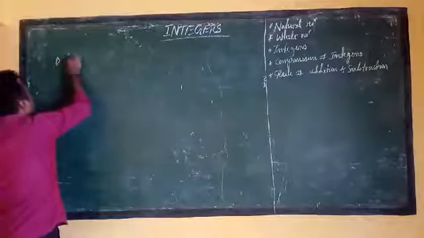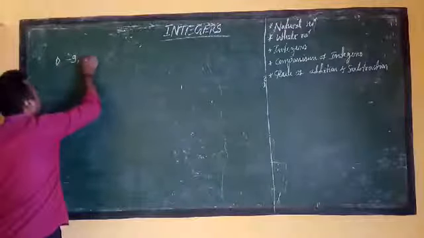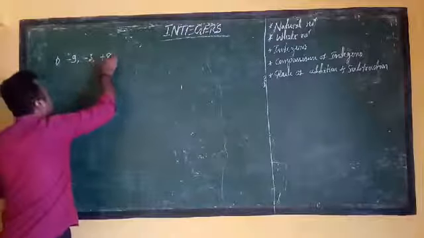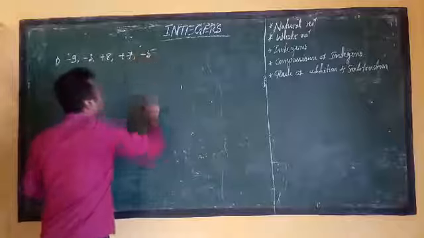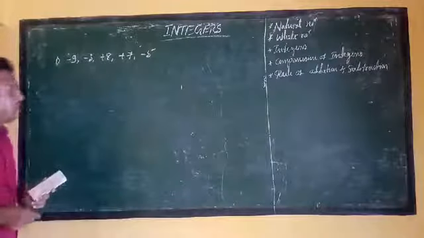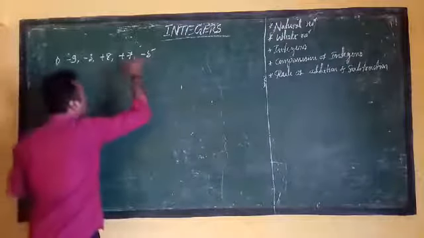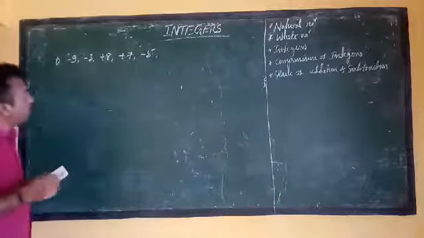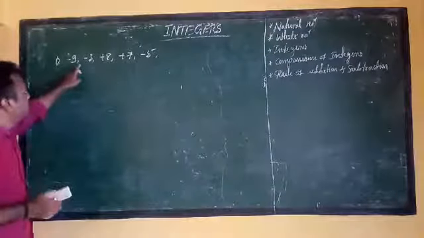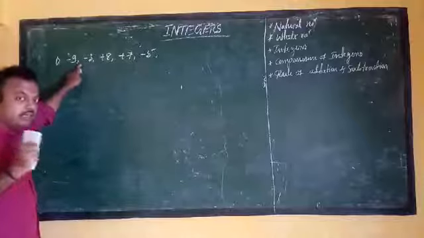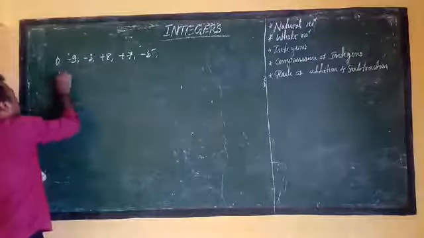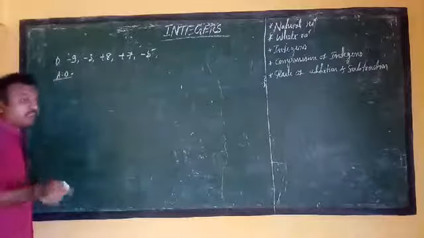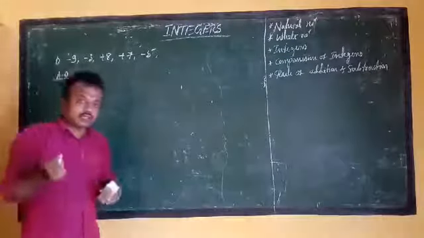See, minus 8, minus 9, minus 3, plus 8, plus 7 and minus 5 is there. This is a sequence of integers. There are so many integers, so write them in ascending order. Ascending order means smallest to biggest, correct?